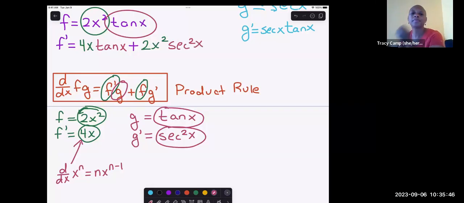And look, we have our derivative of our numerator now.